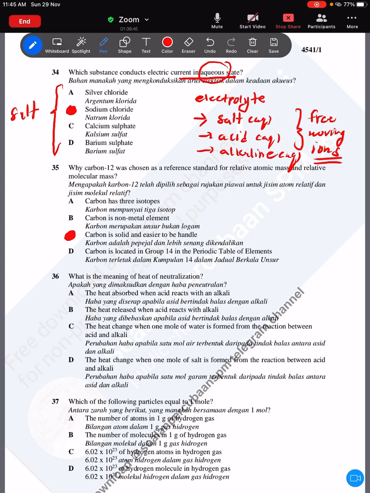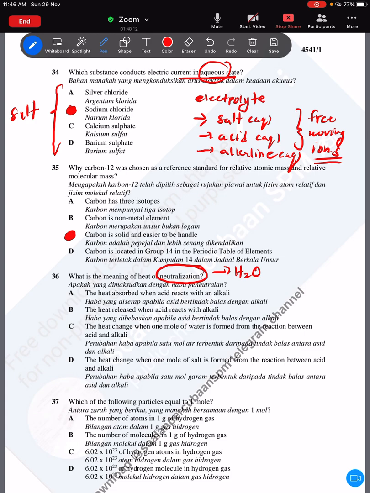Number 36. What is meaning of the heat of neutralization? When we are talking about neutralization, guys, first thing that appear in your mind when I say neutral, you must think about H2O. Neutralization is all about to produce 1 mole of water at the standard condition.